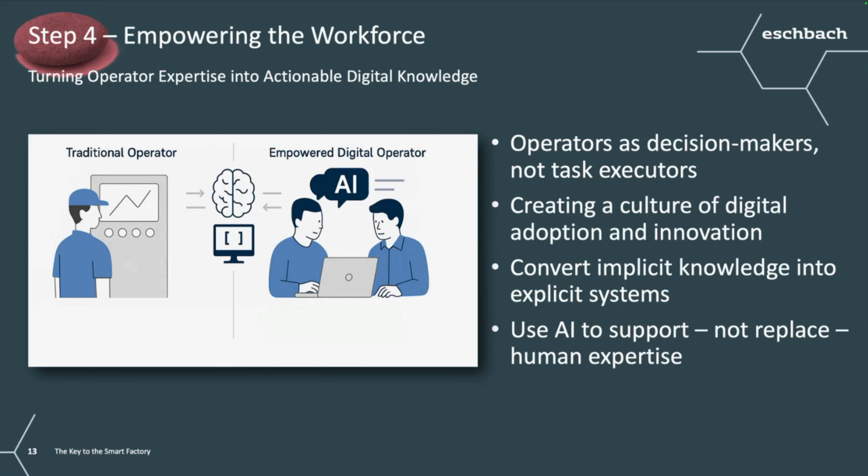With all the contextualized information that you're getting out of that huge complex system that we call manufacturing, make them decision makers and not just task executors. And this is where, again, this becomes not only just a digital implementation of some tools, this is where it becomes a change management effort that impacts the way of working in your operations.